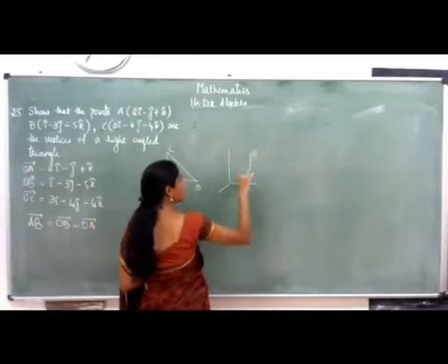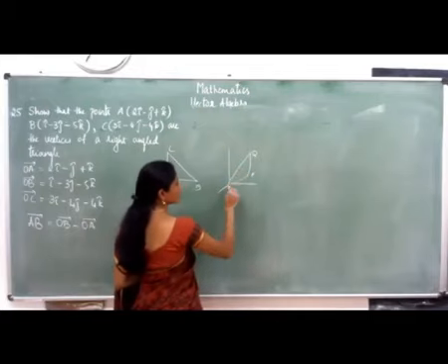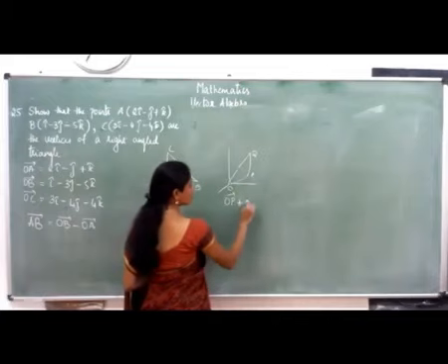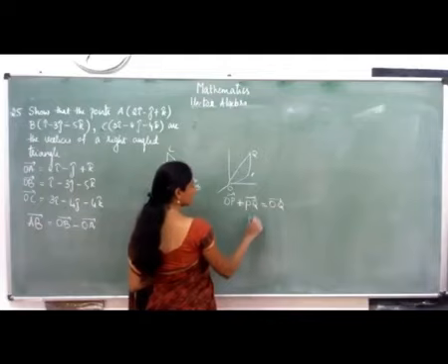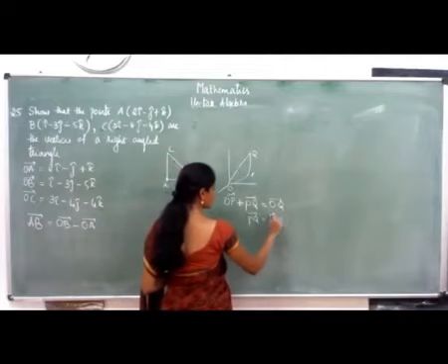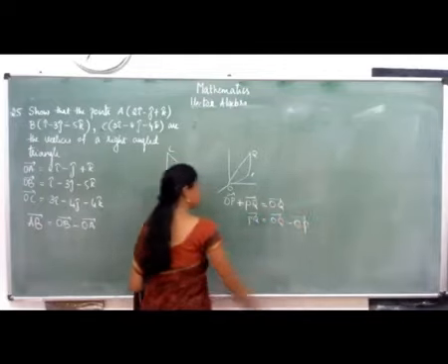We had vector PQ, and the position vector O to P. Then we wrote vector OP plus vector PQ is equal to vector OQ. So vector PQ can be written as vector OQ minus vector OP.